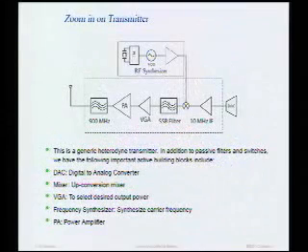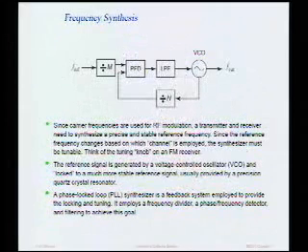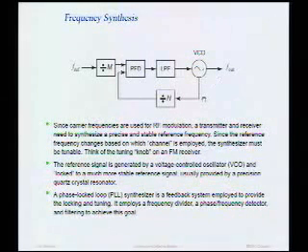Okay, so we looked at the receiver. We also looked at a frequency synthesizer very briefly. Let me just say a couple more words about the frequency synthesizer. In this course, we're going to spend a lot of time building oscillators. We're going to learn how to build oscillators inside and out. Most of the oscillators we build will be LC oscillators, if you're familiar with that term. We also will touch upon how you build a frequency synthesizer.